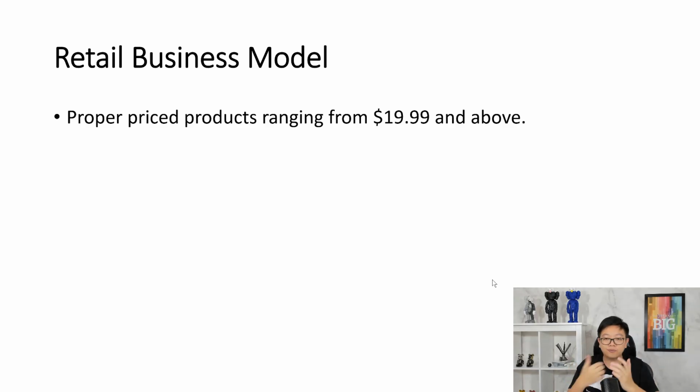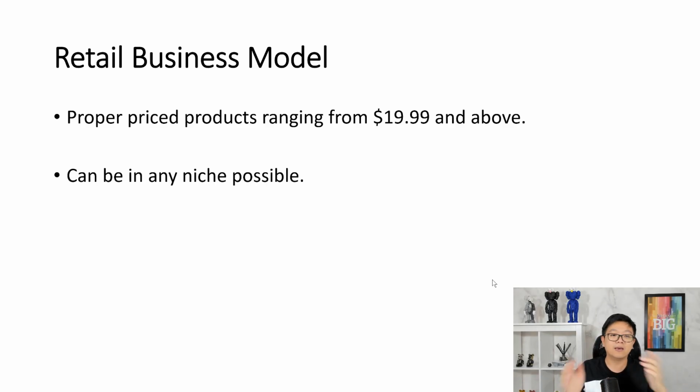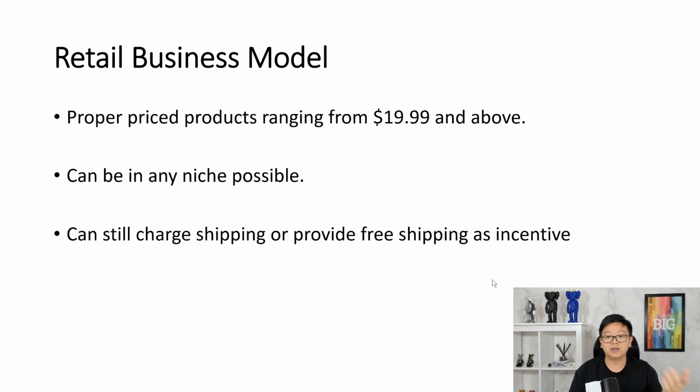But personal preference, we like to go with $19.99, okay? And the good part about the retail business model is you can be in any niche possible. Okay, you can be in any niche. With the free plus shipping model, you're limited in the amount of products you could do, because you have to control your product cost price within $1 or $2, right?